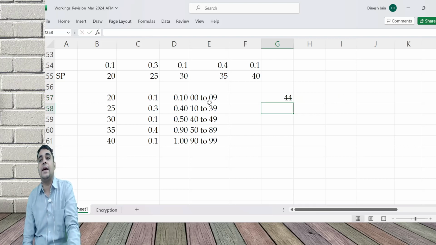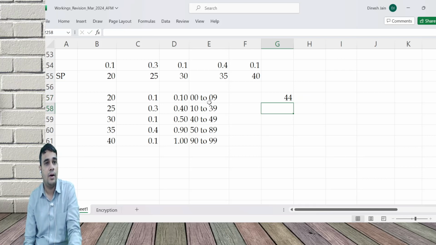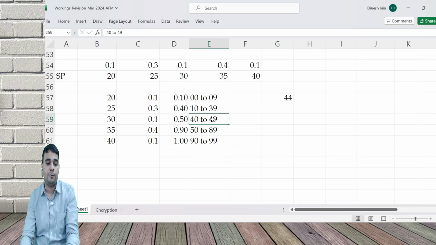Now Excel is picking a random number between 1 to 99. It is like I put the numbers, you pick any number. So 44 came. In the first experiment, the selling price will be 30 rupees.